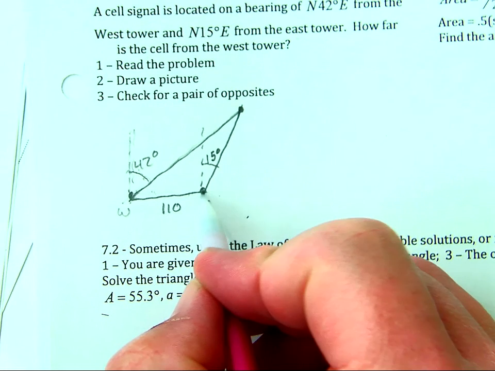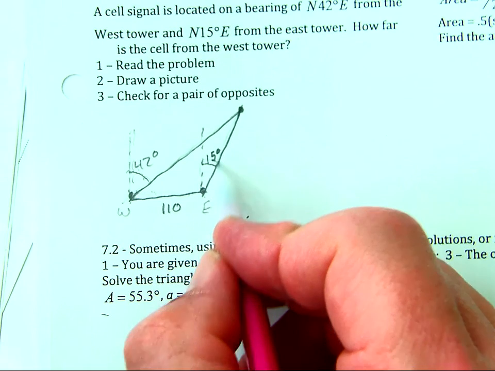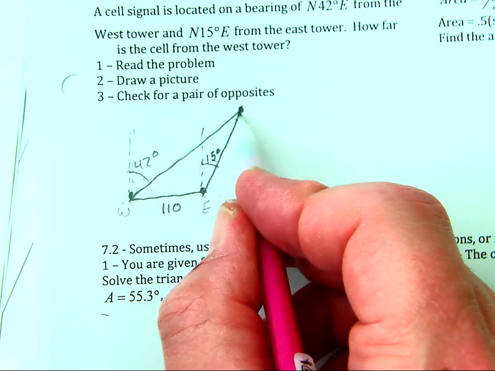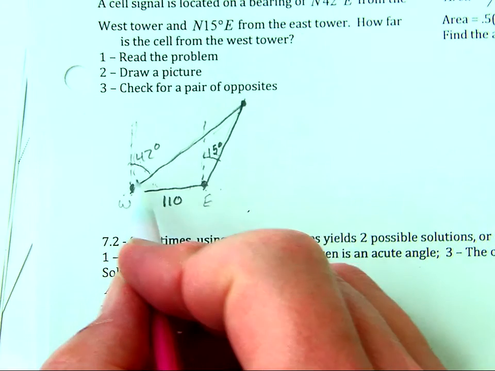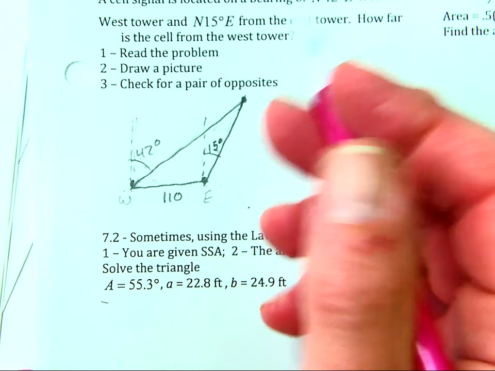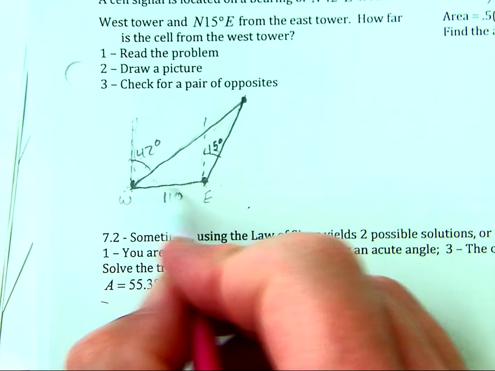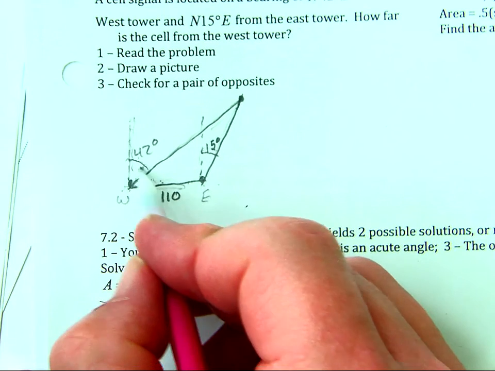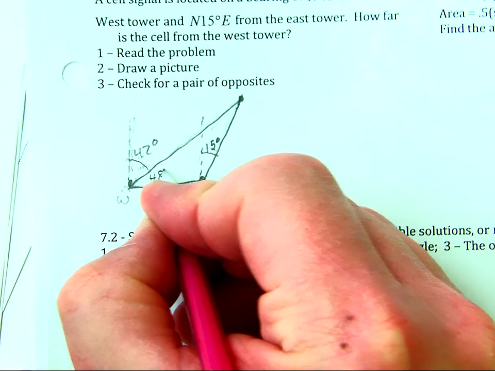It said the bearing was north 15 east, so we went right 15 degrees. Again, where they cross is where the signal is at. Now over here, we don't have any angles inside that triangle. We need at least one, probably two. So here, this was north. This is east-west, so these two angles have to add up to be 90. So if that's 42, this one has to be 48.